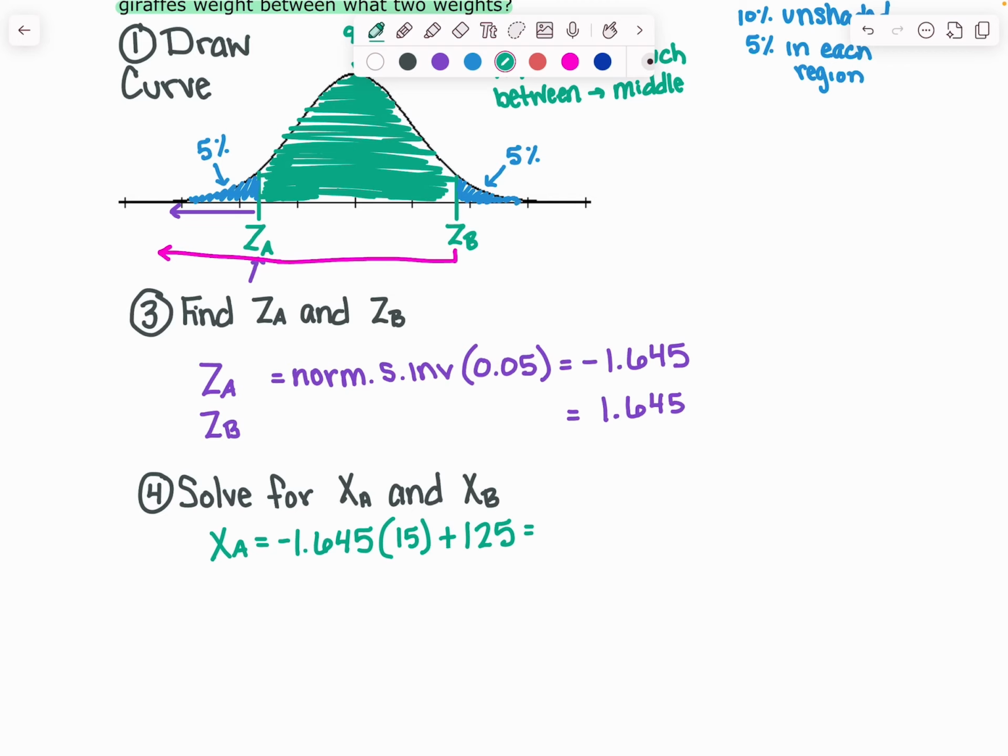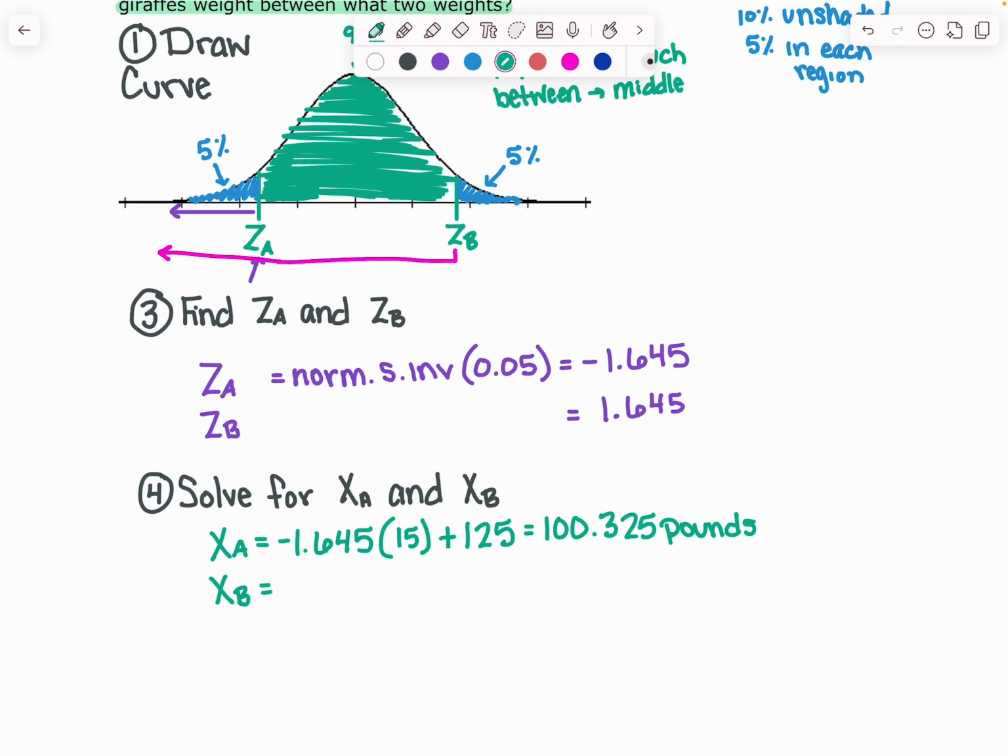Since this z-score is negative, we know that the answer should be less than 125. It should not be negative, however, because this represents the weight of the giraffe. So it's 100.325 pounds. It's under 125, but it's not negative. You can't have a negative weight. That would not make sense.